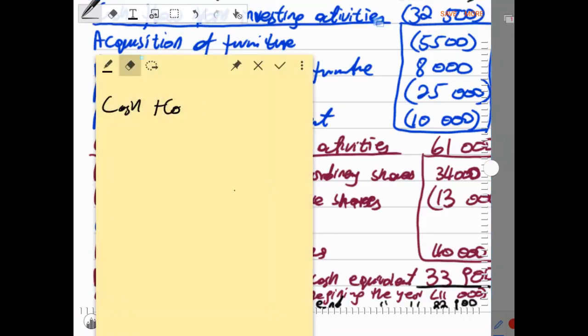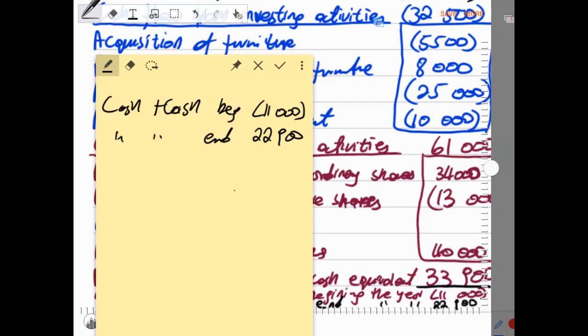Cash and cash equivalent beginning of the year, which is negative 11,000, and the closing balance is positive 22,900, cash and cash equivalent at the end of the year.